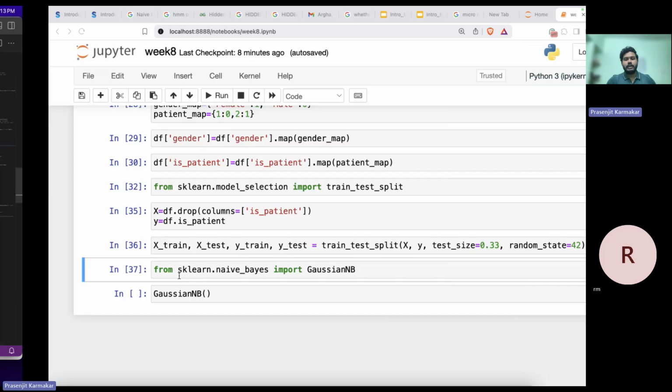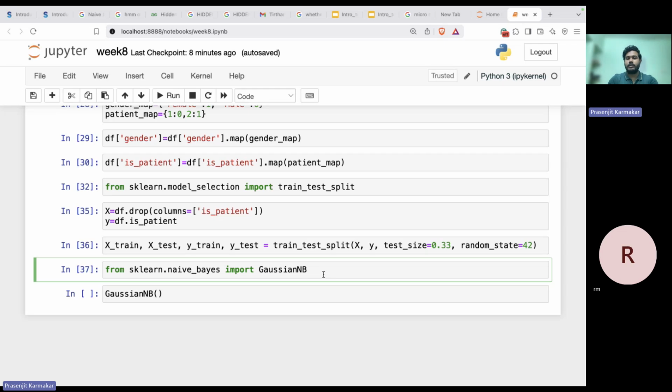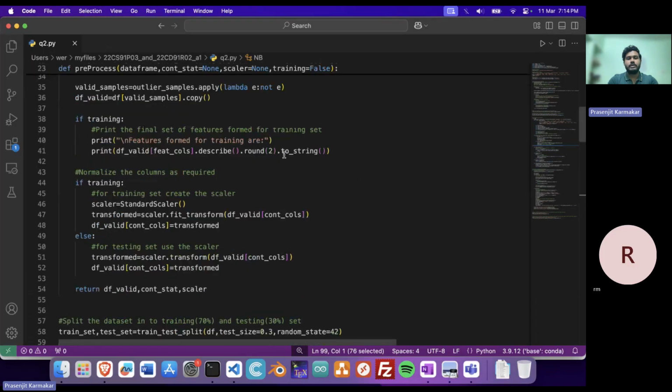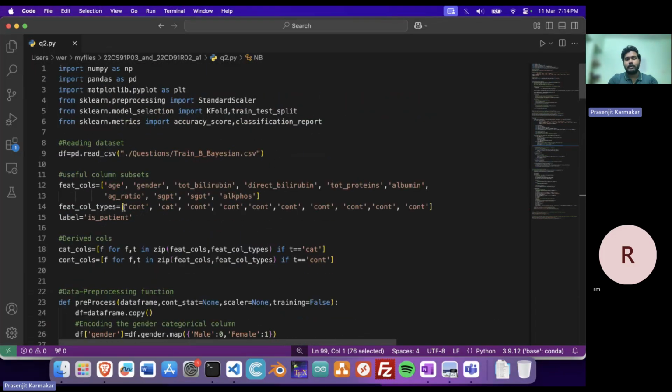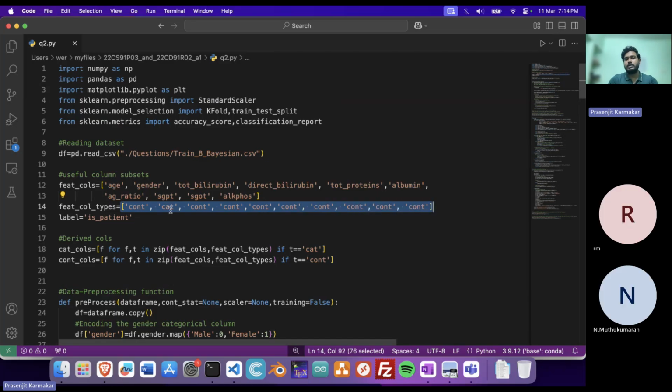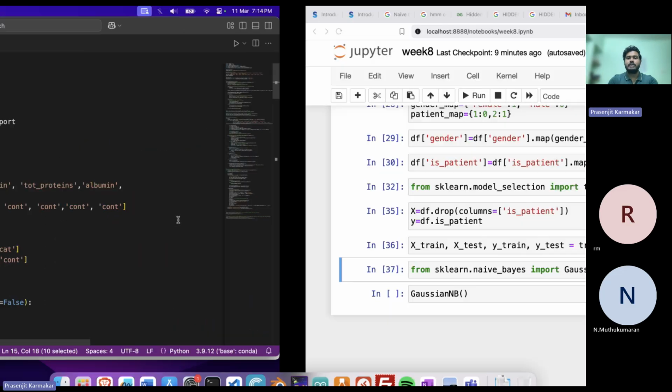But here Gaussian would assume all my columns come from a normal distribution. I am taking Gaussian because, from this table, all my columns are mostly continuous. Only this gender column is categorical, and I don't think gender would have too much impact on whether he or she is a liver patient. So just treat it as Gaussian if you want, or just drop it.